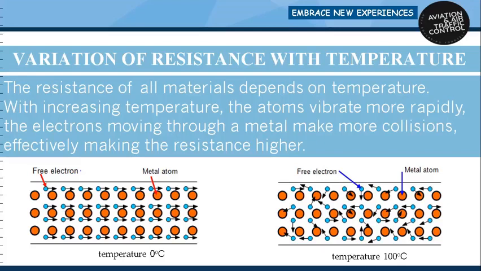The electrons moving through a metal make more collisions, effectively making the resistance higher. The resistance of all pure metals increases with temperature, whereas the resistance of electrolytes, insulators, carbon, and semiconductors decreases with increasing temperature.